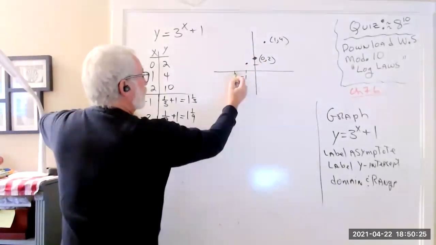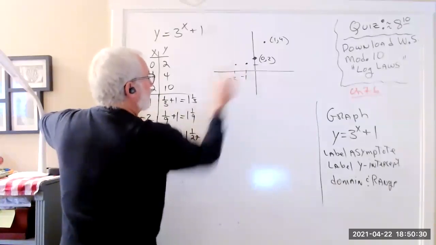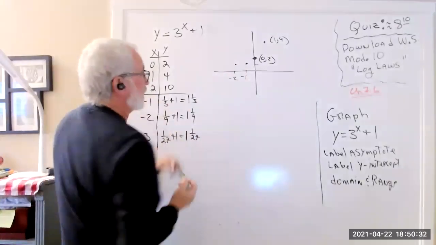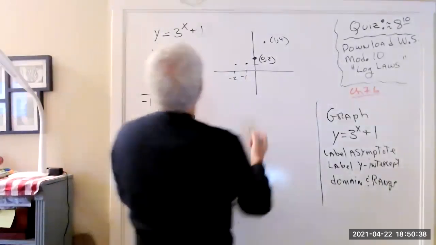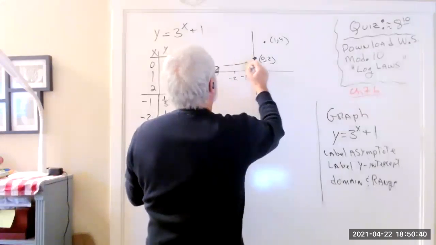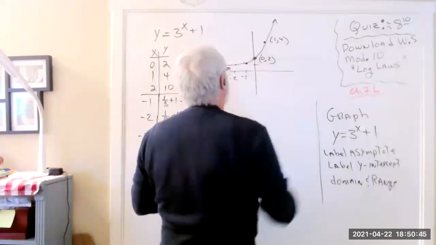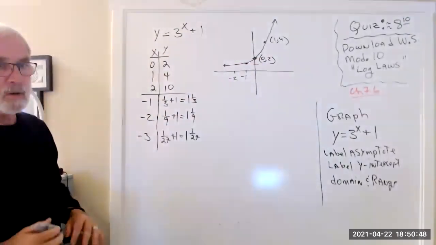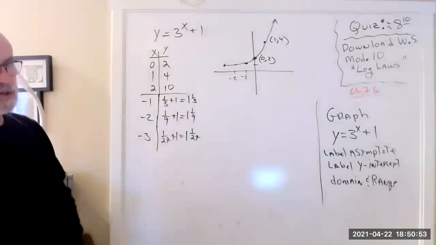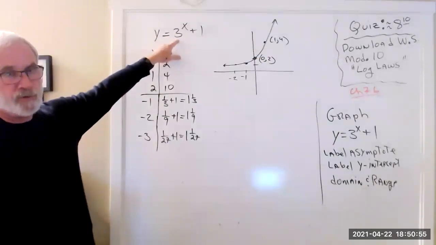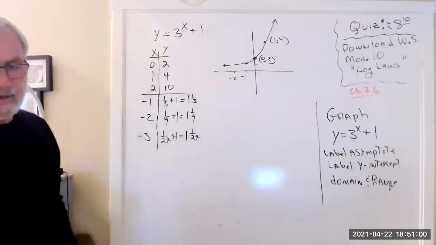If x is -2, I go up 1 and even a little bit less. And that gives me the shape of the graph. That's good enough. So I know generally that this graph is going to look like that. Now, I haven't done any of the special stuff yet, but that's the basic shape of an exponential curve, an exponential graph. So is that okay with everybody? Any questions?